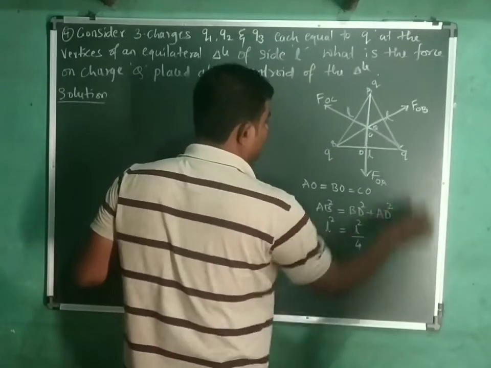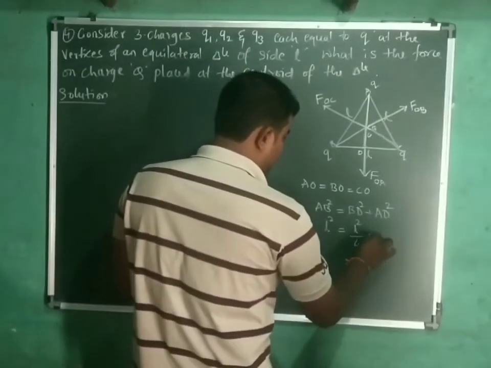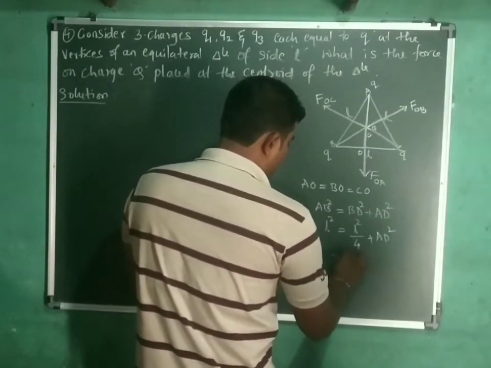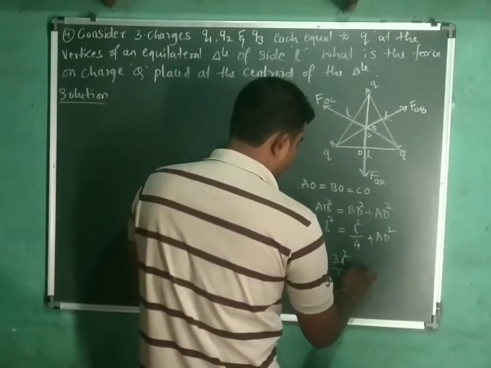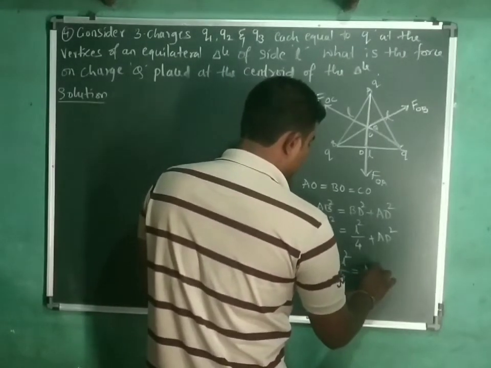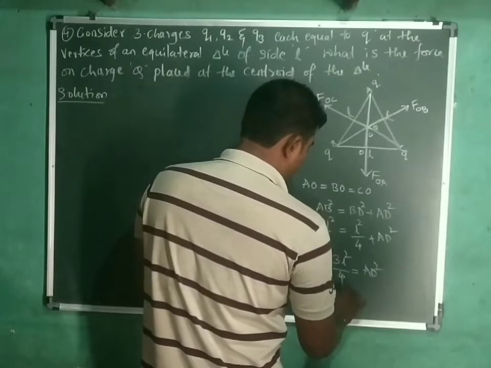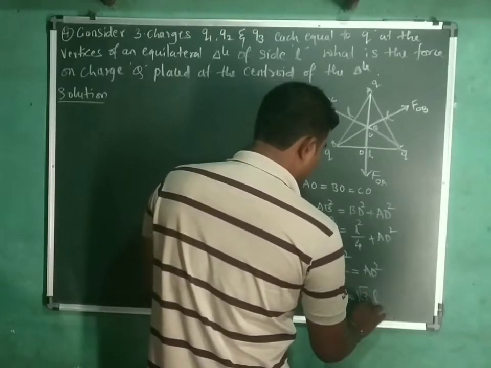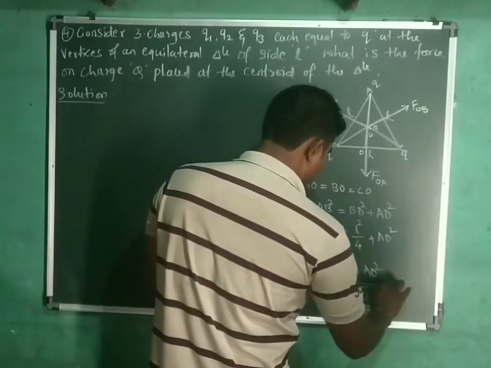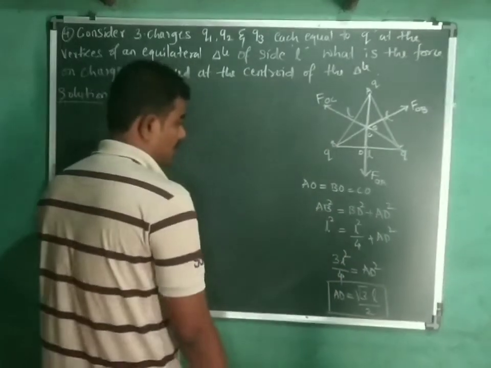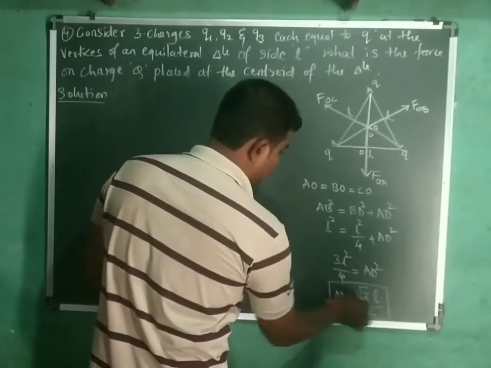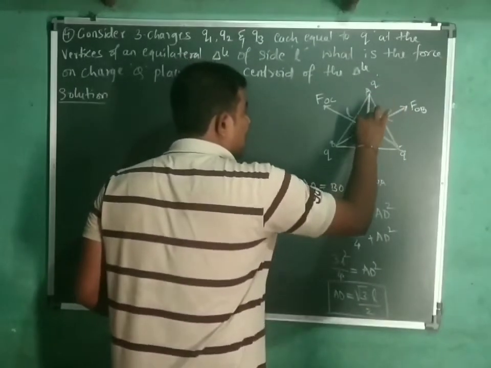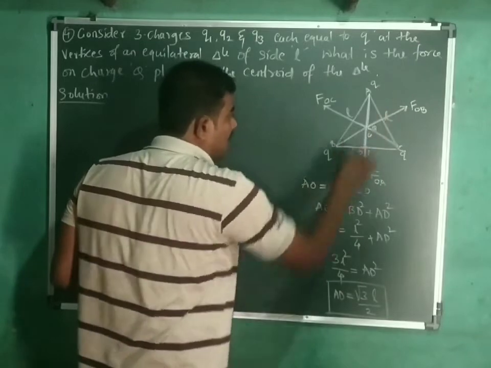So 3L square divided by 4 is equal to AD square, or AD is equal to root 3 L divided by 2. But this distance AO is 2/3 of AD.